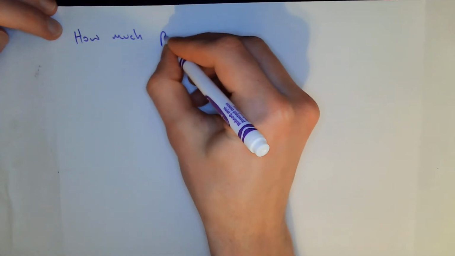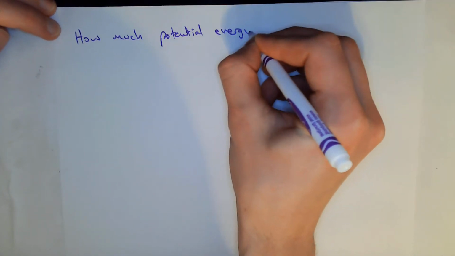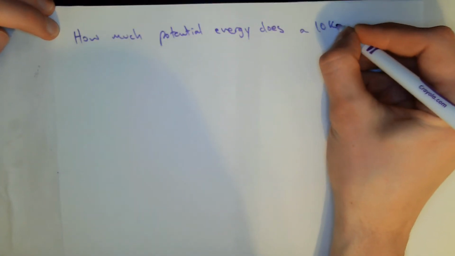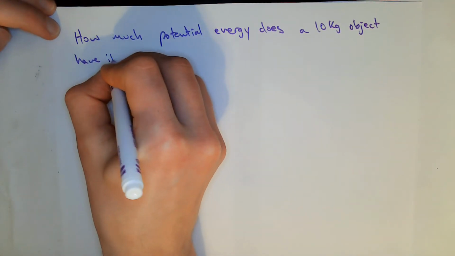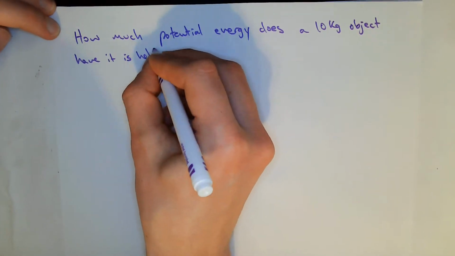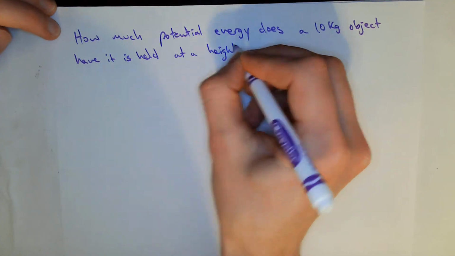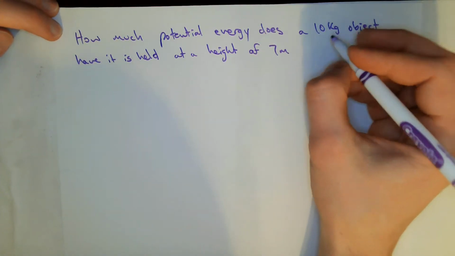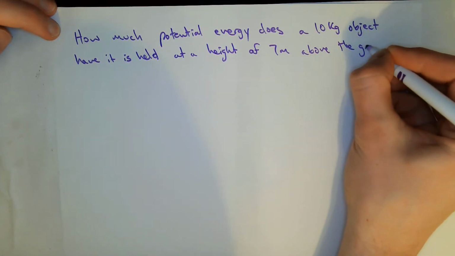How much potential energy does a 10 kilogram object have if it is held at a height of 7 meters above the ground? So understood that the ground is 0 here.